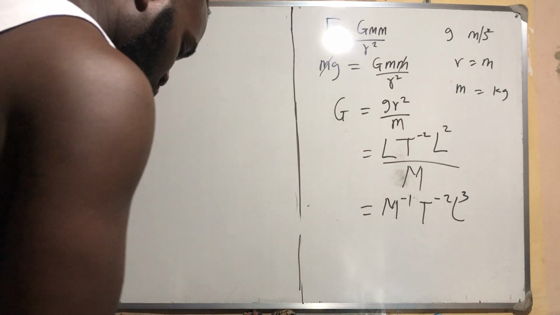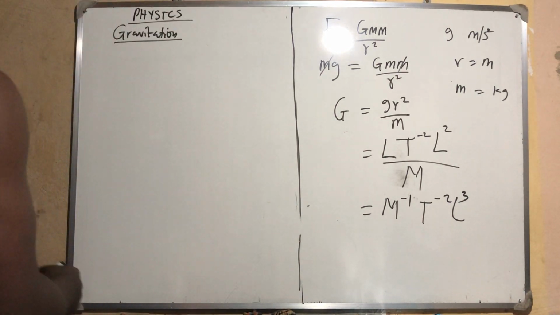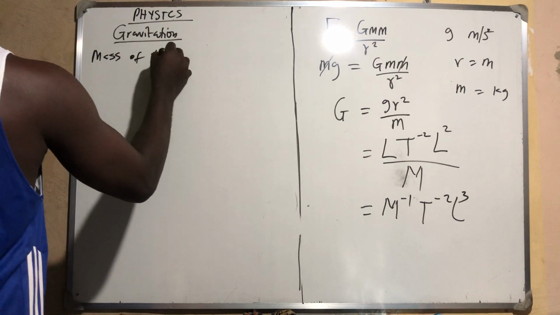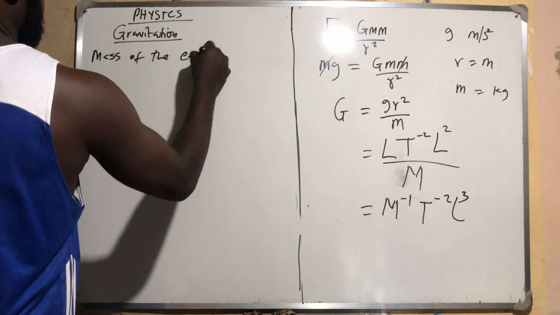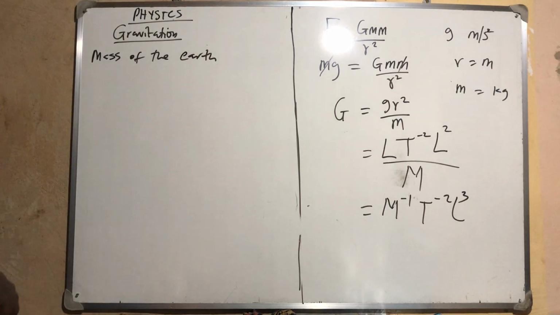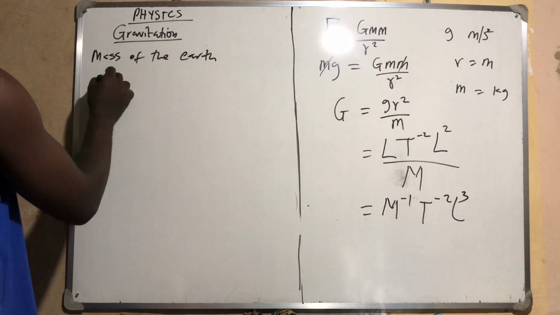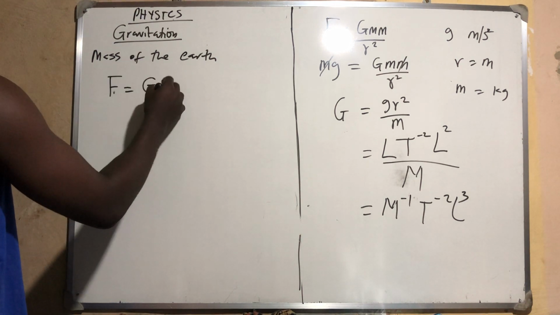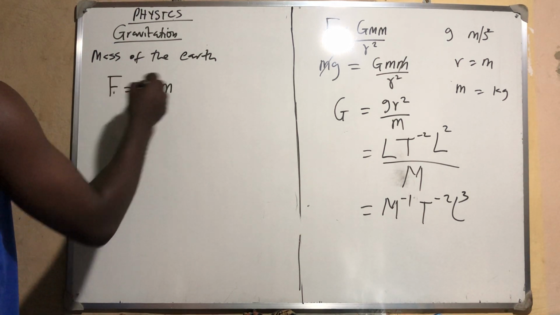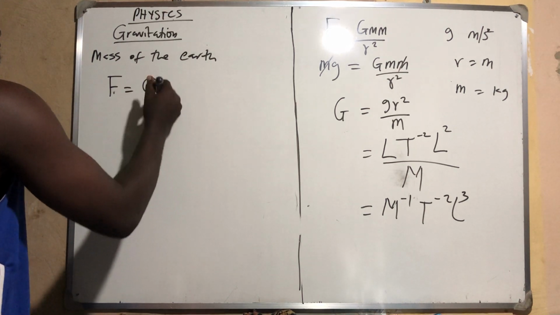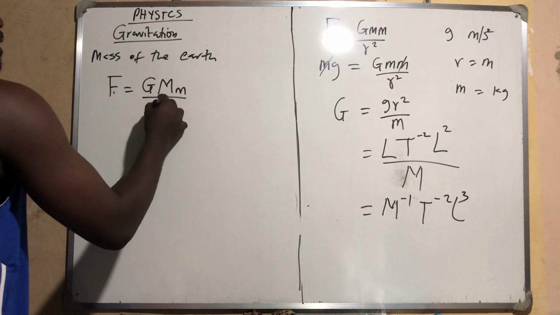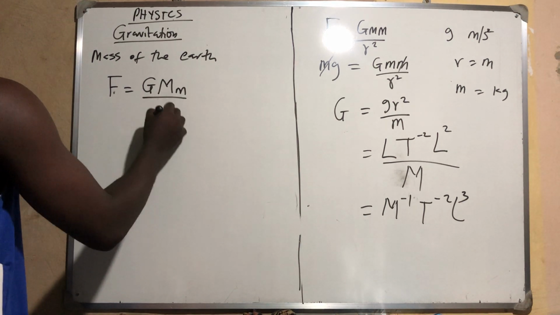So the next thing we'll talk about is the mass of the Earth. Let us calculate the mass of the Earth. We have that F is equal to G m m over R squared.